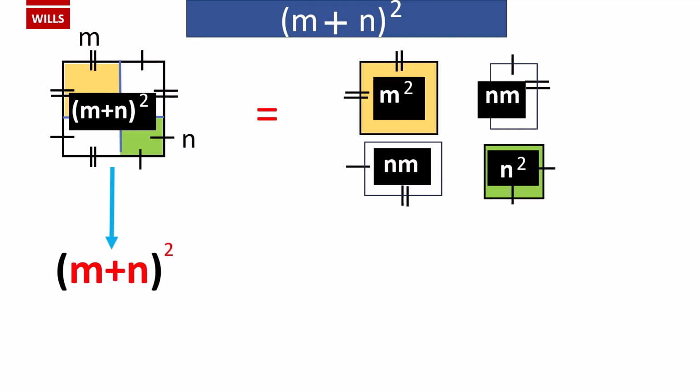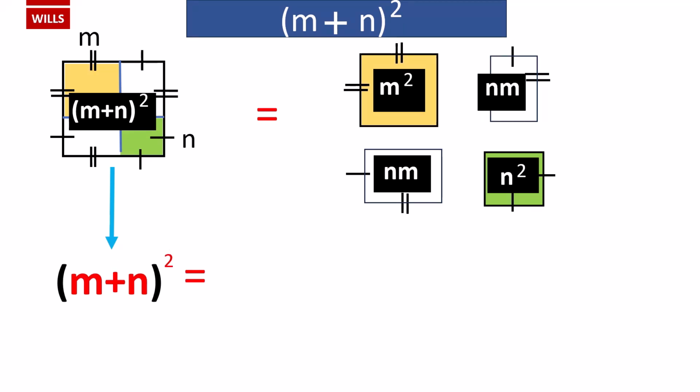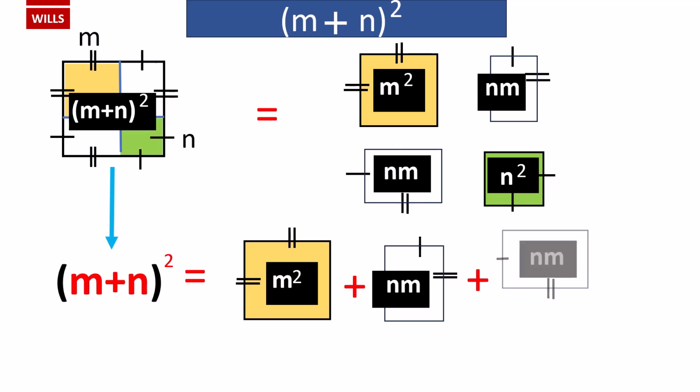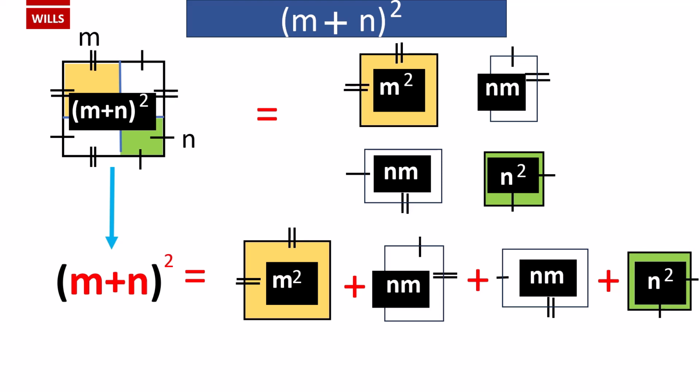So the figure is still m plus n all squared, that is a bigger shape, which is equal to m squared plus nm plus nm plus n squared.